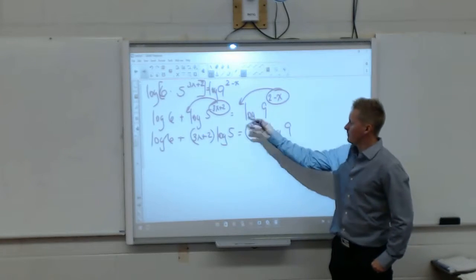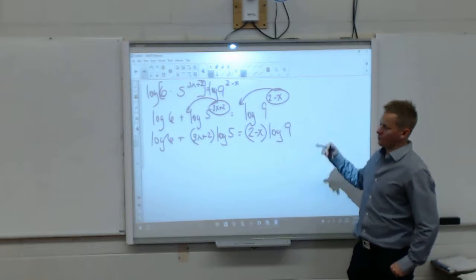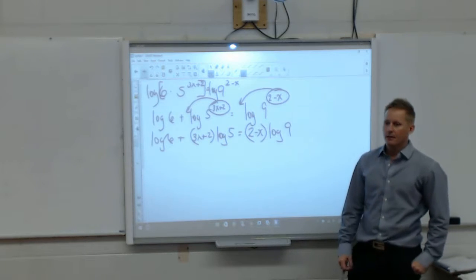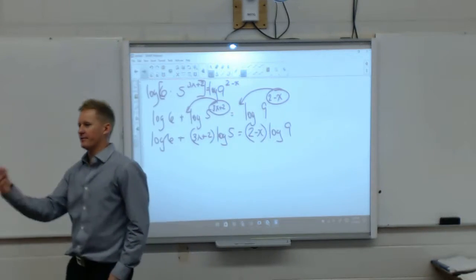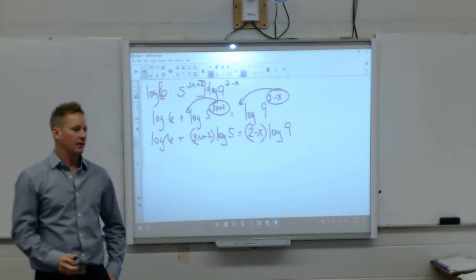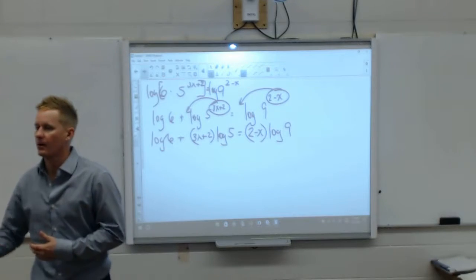I just moved them all to the front, and then it's a whole lot of algebra. I would multiply that through, get the x's to one side, and divide, and it would be a mess of work, which is something we are going to work toward, but not today.